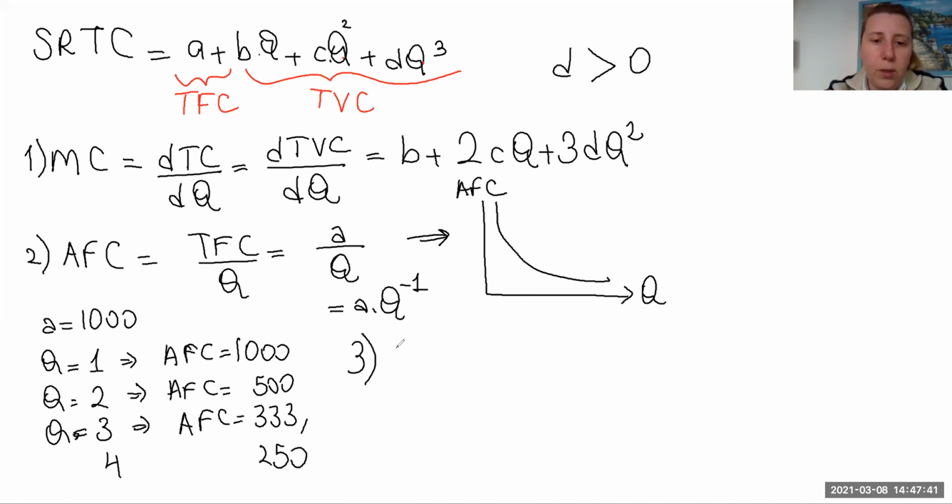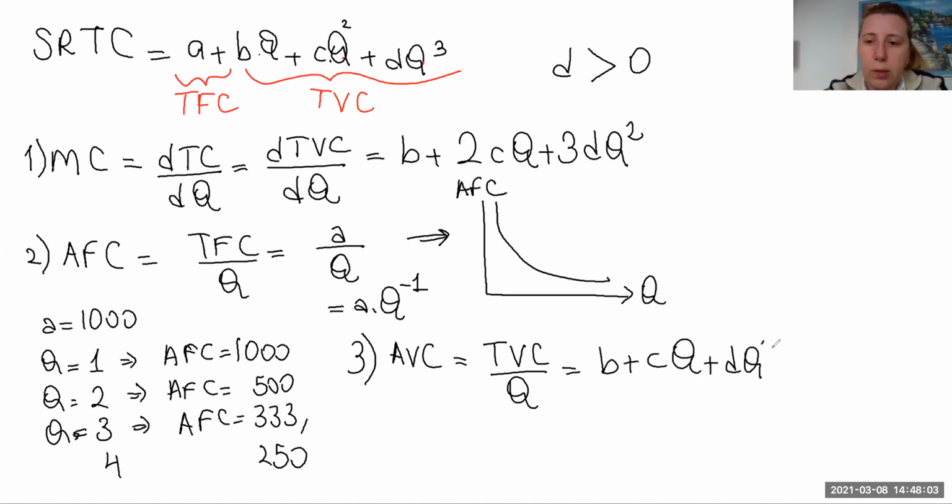The third one, what is the average variable cost? It is the total variable cost over Q. So when you divide the total variable cost by Q, you will get B plus CQ plus DQ squared.